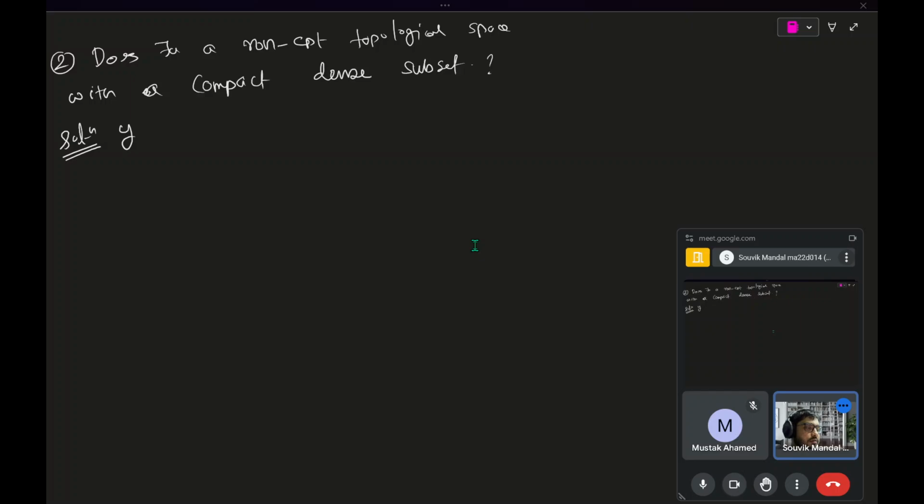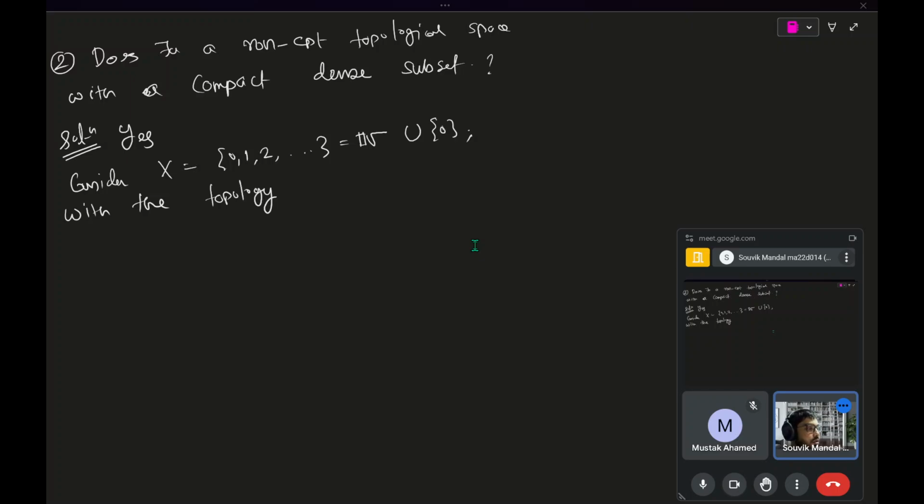Consider X equal to 0, 1, 2, and so on, which is nothing but the natural numbers together with 0, and with the topology generated by the subbase [0, n), n belonging to N.